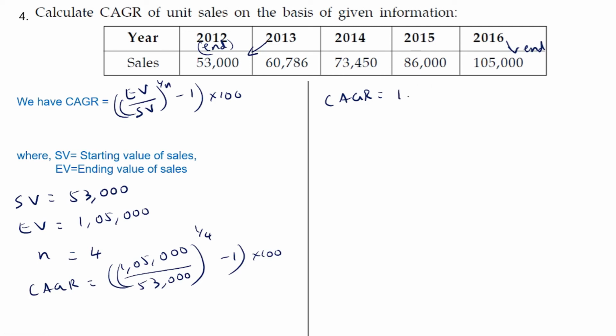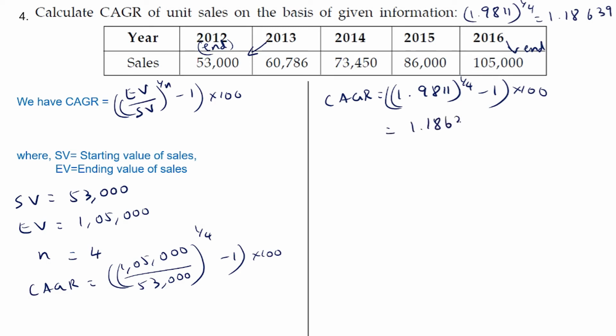So when we simplify, we get 1.9811, the whole raised to 1 by 4, minus 1, into 100. The value of 1.9811 raised to 1 by 4 is 1.18639. It is 1.18639 minus 1, into 100.